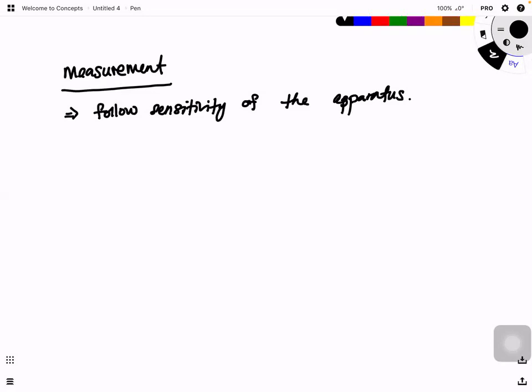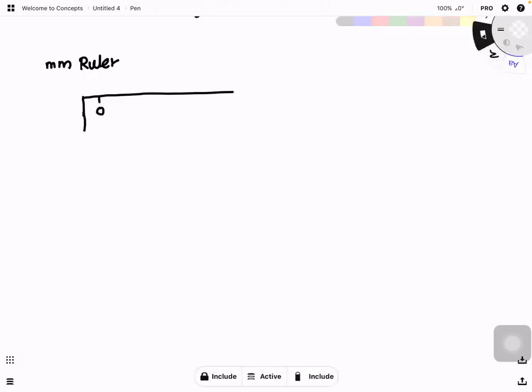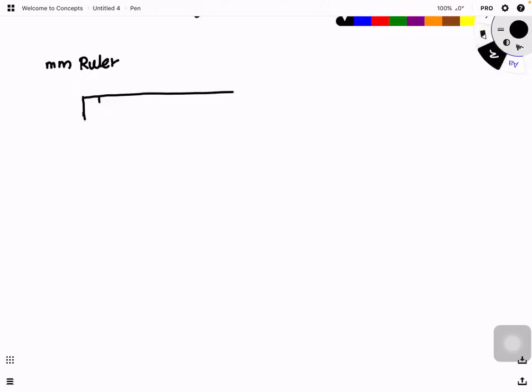Okay, I use a ruler as an example, a millimeter ruler. This is our normal millimeter ruler. So let's say here is 0. This is 1 millimeter, 2, 3, 4, 5, 6, 7, 8, 9, and 10.